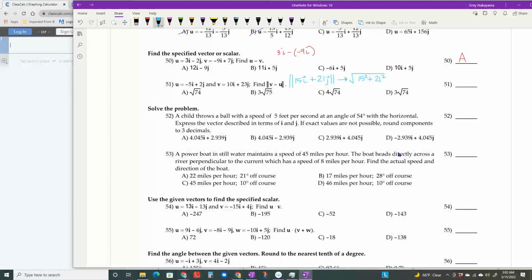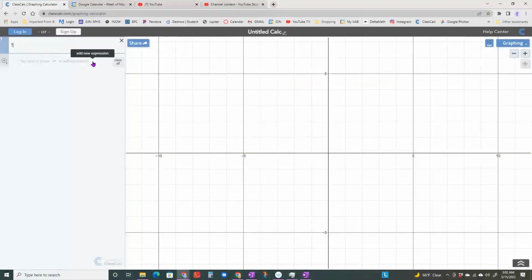Okay? I do want to talk a second. Some people have trouble with this, but if you look at these answers, y'all, if you try to do it over here, let's go see. It was 15 squared plus 21 squared, and you try to get an answer, and it gives you 666.